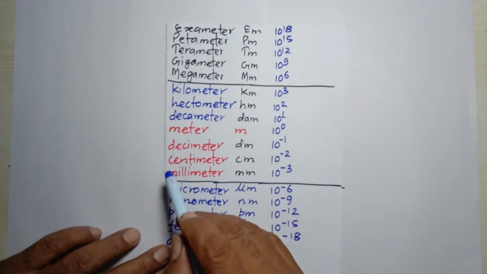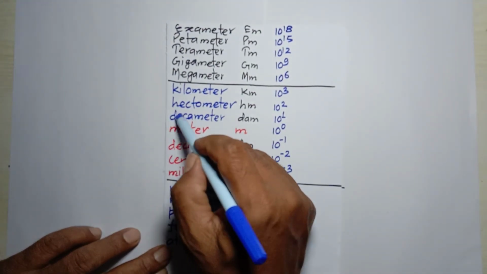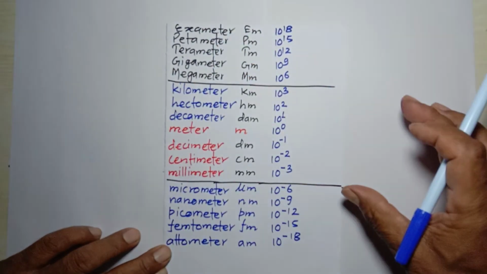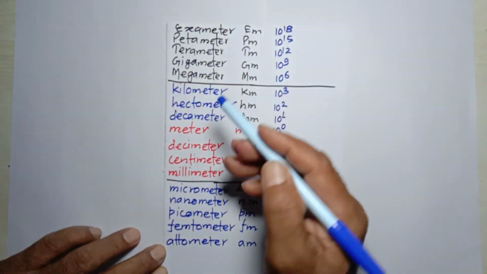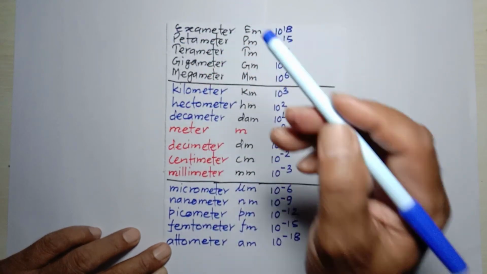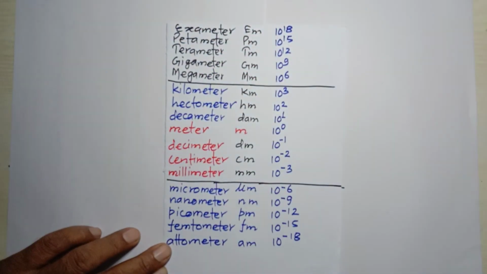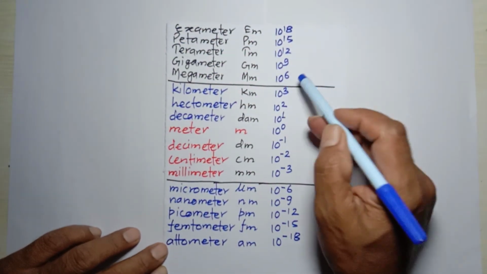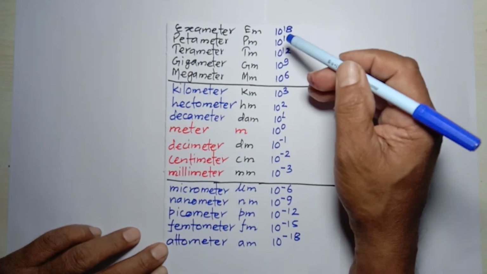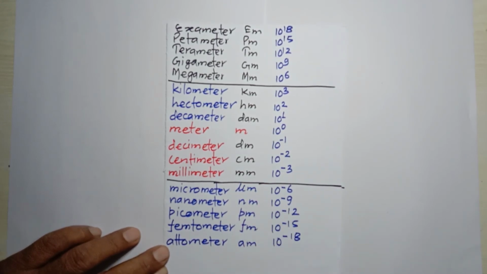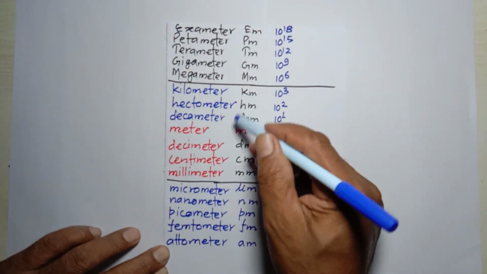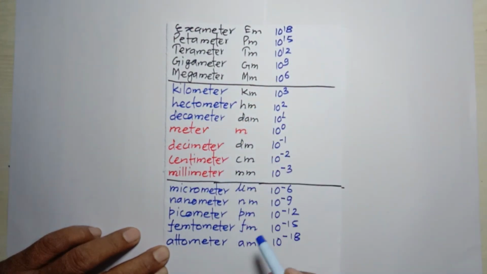Just remember this: milli, centi, deci, meter, deca, hecto, kilo. It's normal, and the relation is in multiples of 10. Beyond this, mega, giga, tera, peta, exa are greater and greater in multiples of 10 to the power 3, or 1000 times. In the same way, micro, nano, pico, femto, atto are also reducing by 10 to the power 3 times from the upper units.